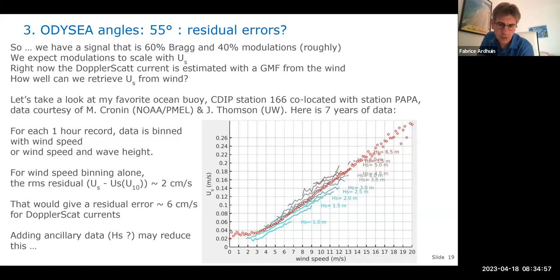So at some point, Ernesto was saying, well, it's very likely that all of that is large-scale biases, and it's quite possible, because typically the part of the sea state which doesn't correlate well with the wind is going to be more the longer waves, and the long waves' variations are large-scale.